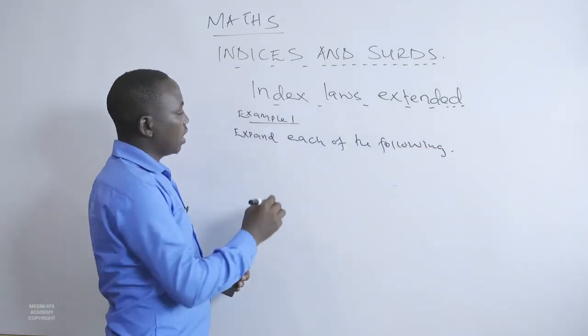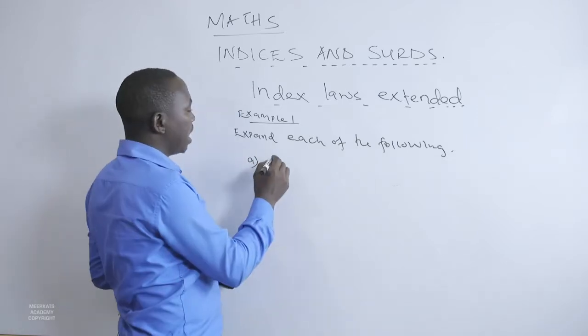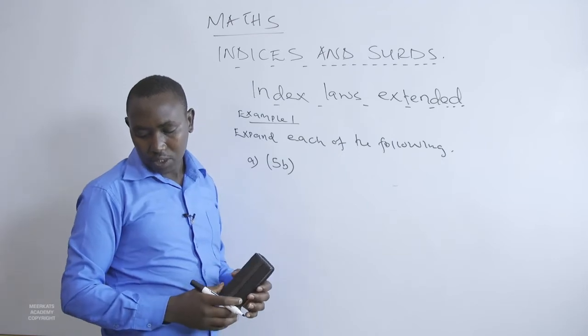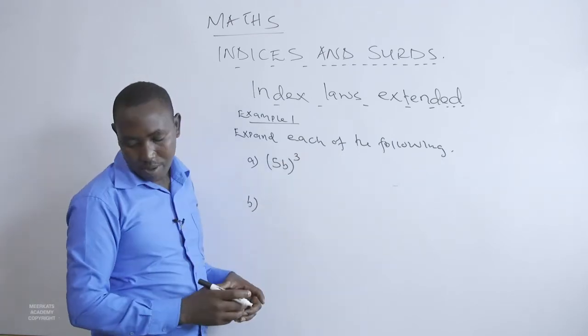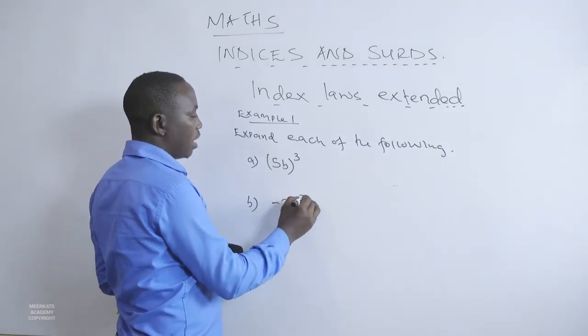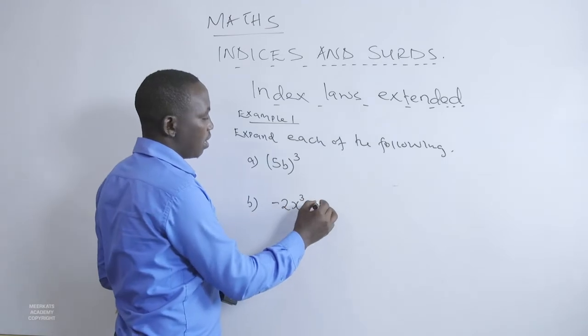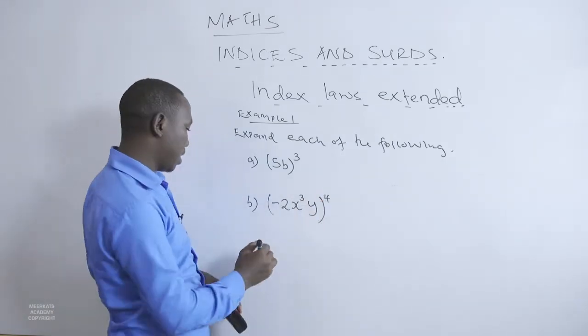Number 1, we have 5b, the whole of this raised to 3. Number b, we have negative 2x cubed y, the whole of it raised to the power of 4.